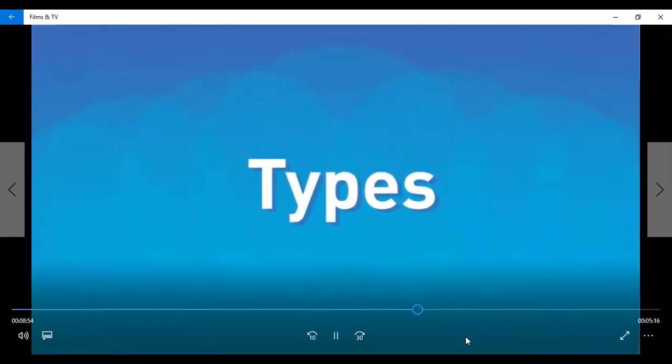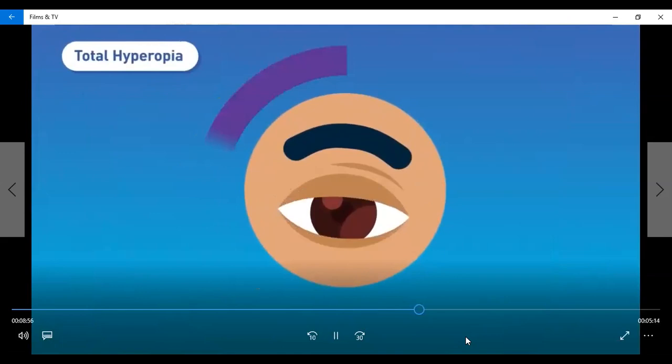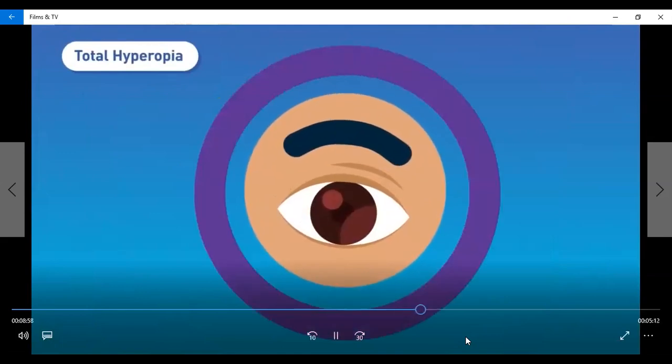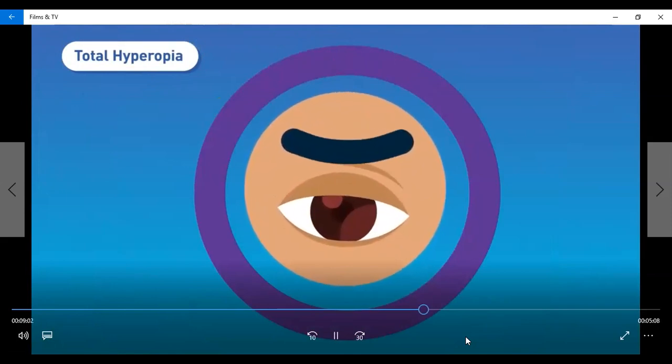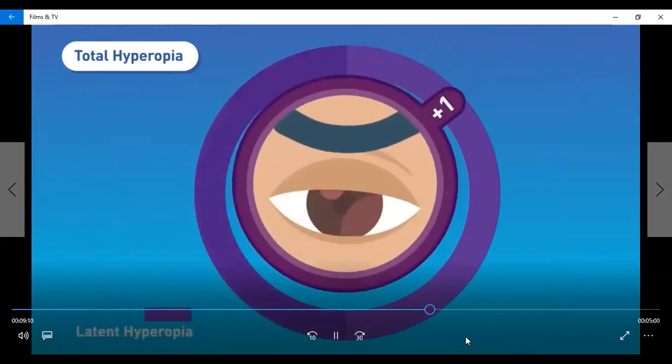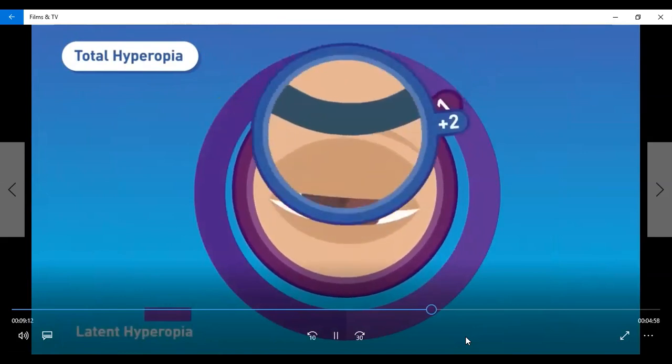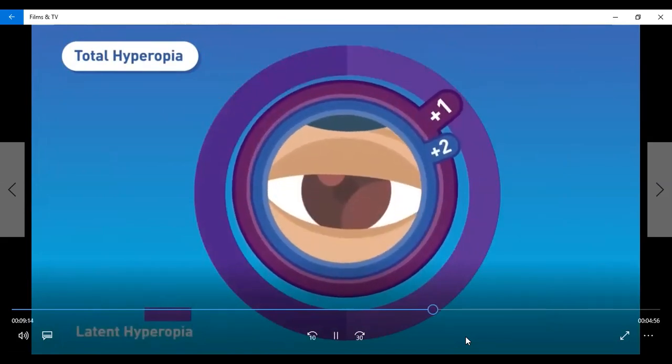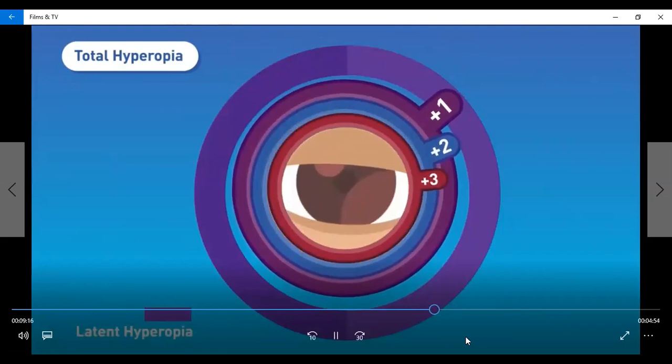Types. 1. Total hyperopia. It is the total refractive error, calculated after complete cycloplegia, intraocular muscle paralysis, induced by certain drops. 2. Latent hyperopia. Amount of hyperopia corrected by the focusing power produced due to normal tone of intraocular ciliary muscles.